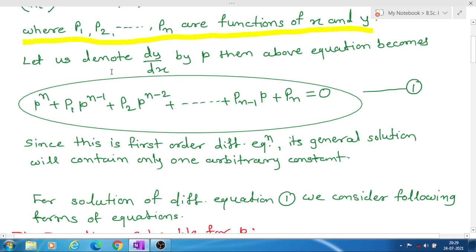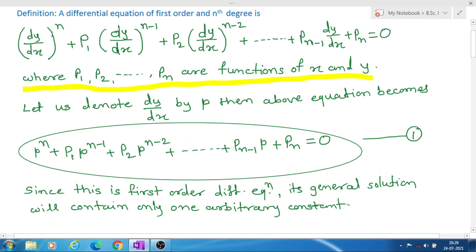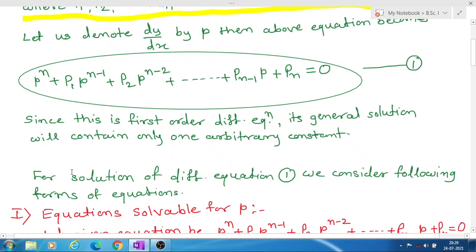Therefore the above equation becomes p^n + P1 p^(n-1) + P2 p^(n-2) + ... + P(n-1) p + Pn = 0. So this is our form of the equation.